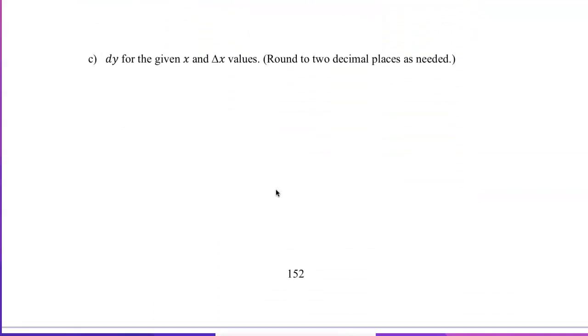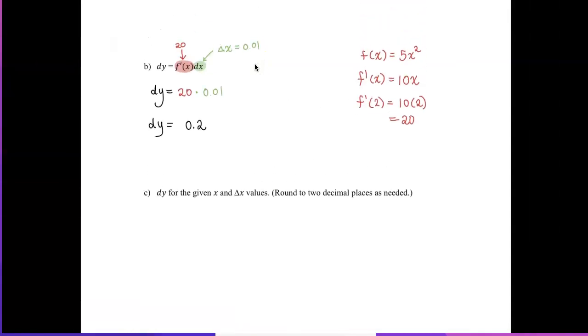dy for the given x and delta x values. Shoot, we found it already. Oh, I'm sorry. I think what they wanted was actually this down here. So I'll write the formula. I think what they wanted for part B was actually the formula for part C. We actually have the answer here already.